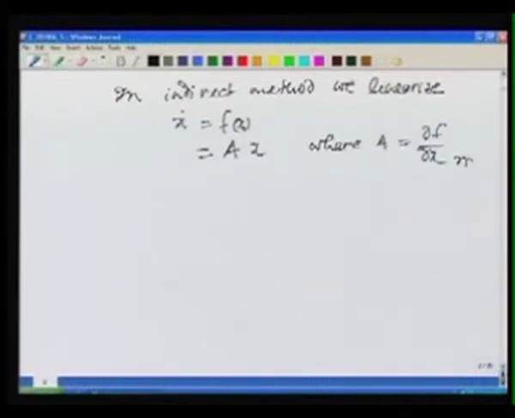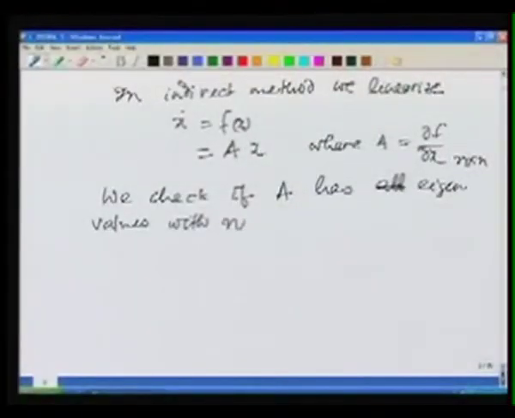So, this is an n by n matrix, and we check if A has all eigenvalues with negative real parts.